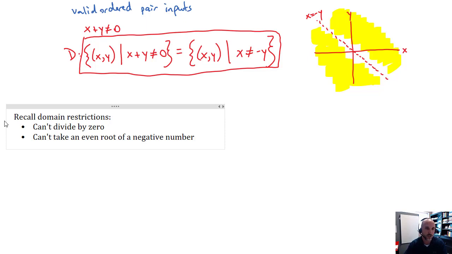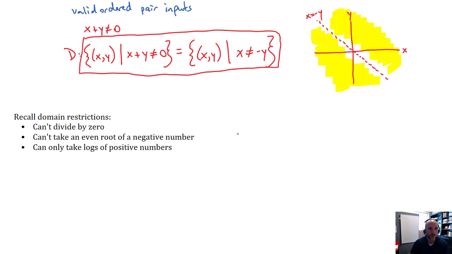We're working with real number inputs and outputs here. And then another one that we might run into is we can only take logs of positive numbers.